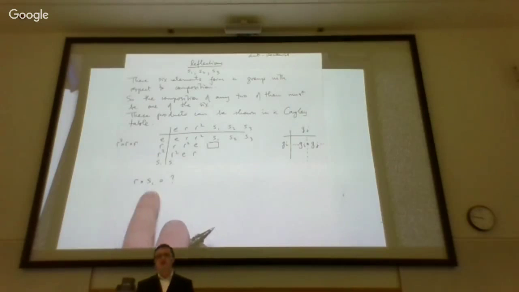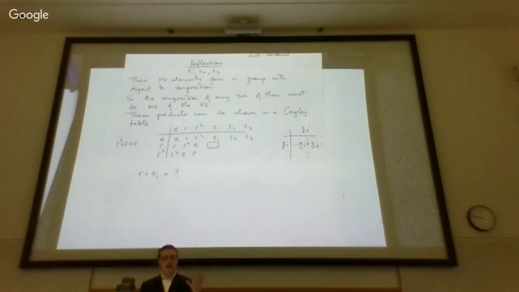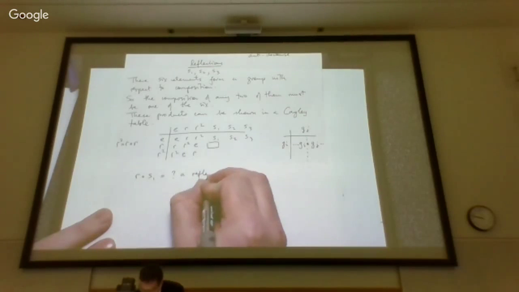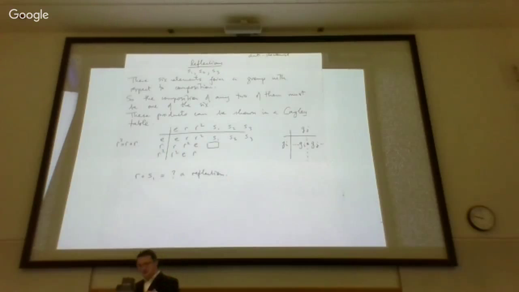Should R after S1 be a kind of rotation or a kind of reflection? How do shapes in the plane end up after you've reflected the plane and then afterwards rotated it a bit? They're still fundamentally reflected. Rotating can't undo a reflection. So this should be a reflection. Now it's not going to be S1 because you've rotated it a little bit, so it'll either be S2 or S3.